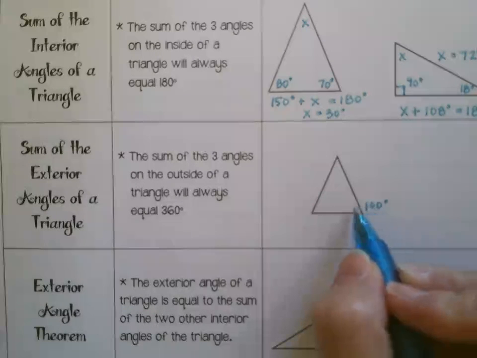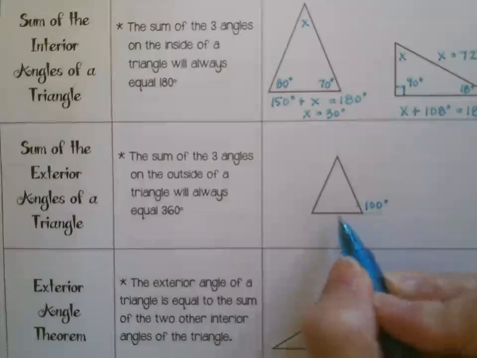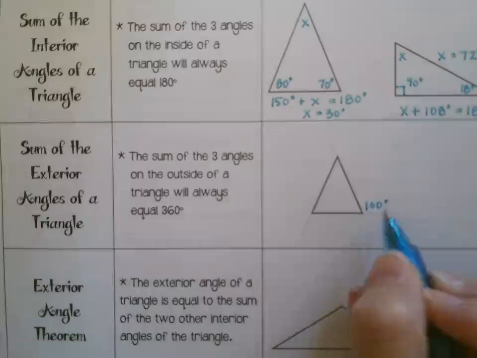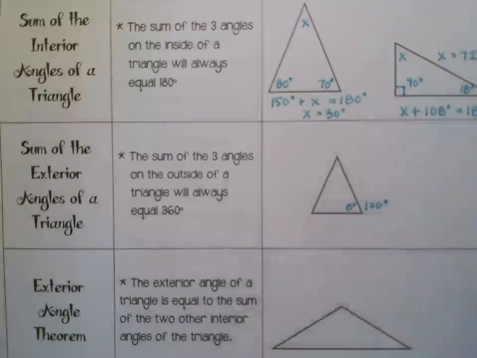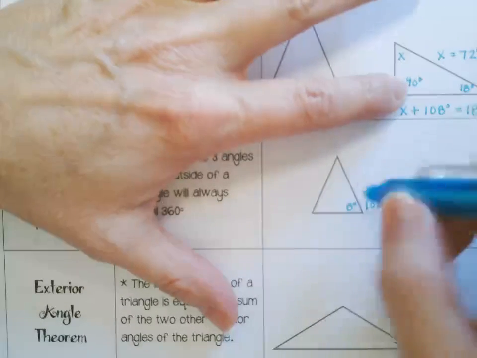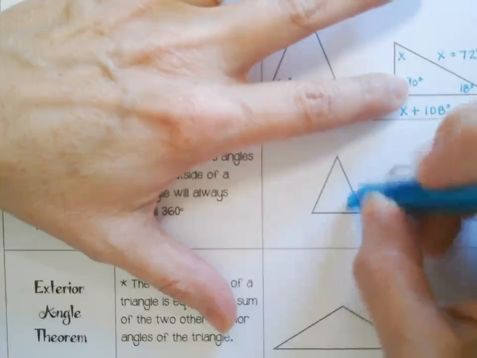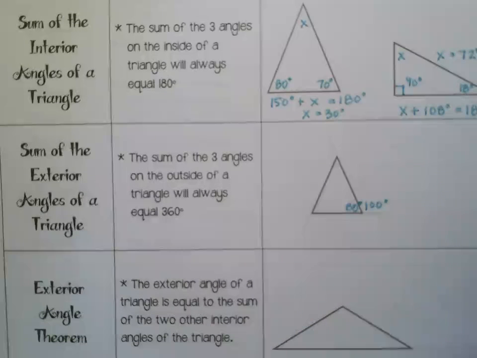Hopefully you know that when we have a line that's split, the angles have to add up to 180. So that tells me that one right there would have to, oh my gosh, I did it again. I think my degree is throwing me off. So that has to be 80 degrees.